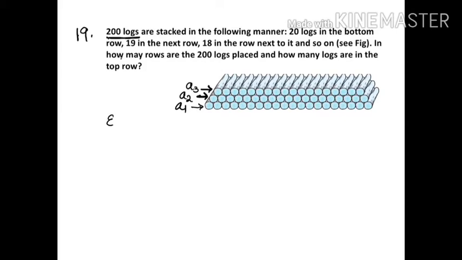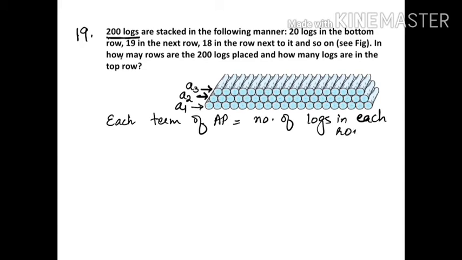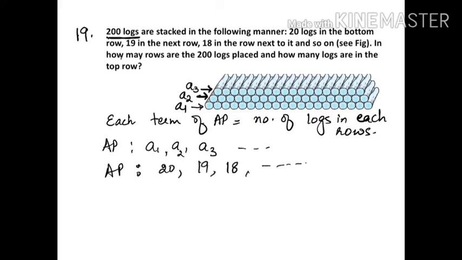So each term of the AP is the number of logs in each row. So we have the first three terms of the AP, that is 20, 19, 18, and so on.